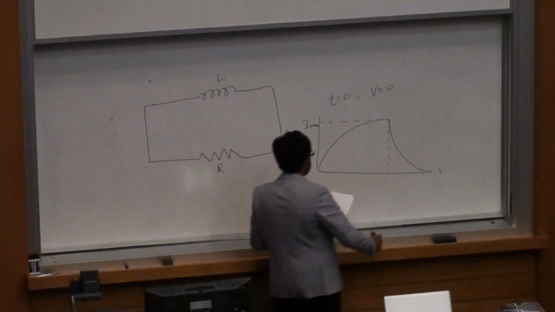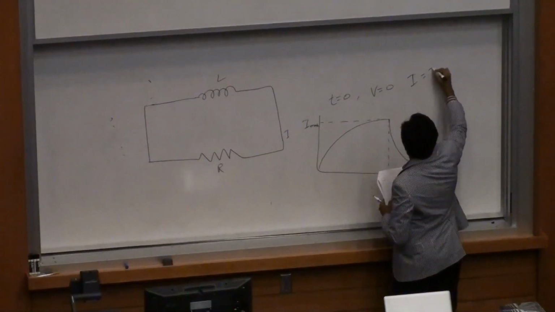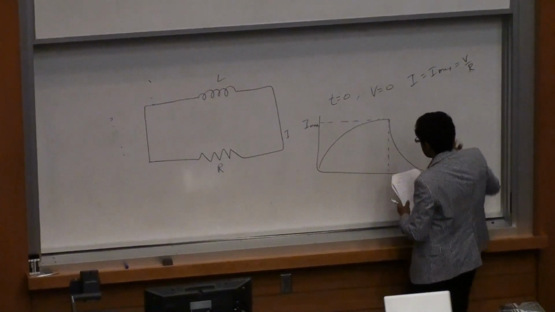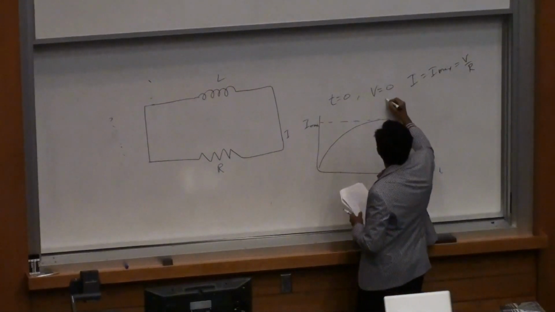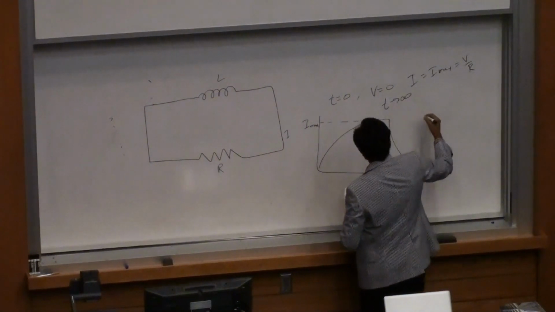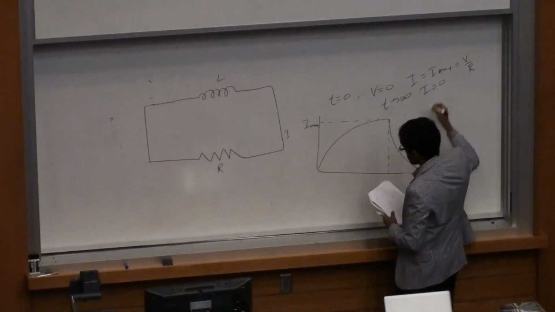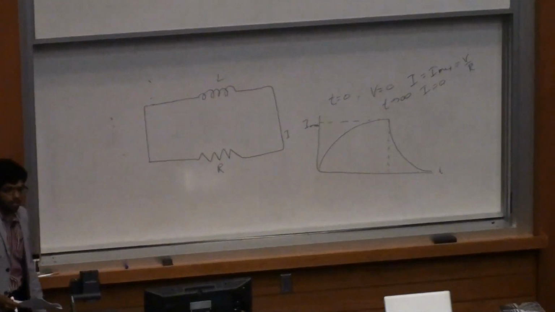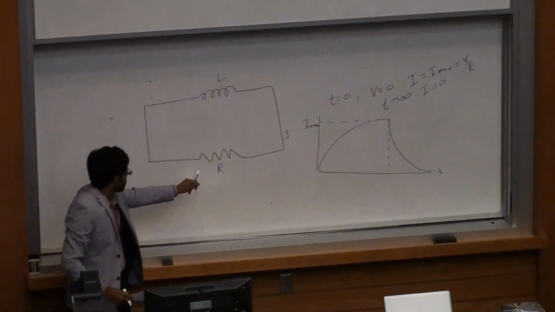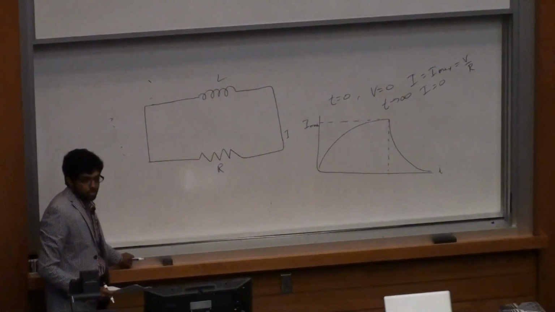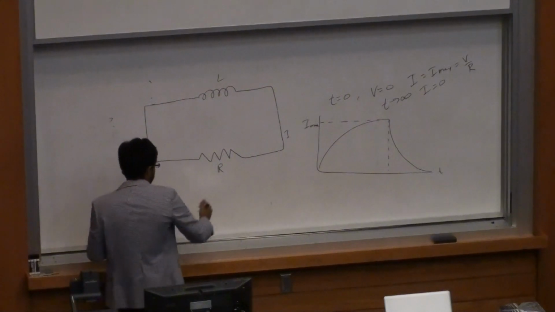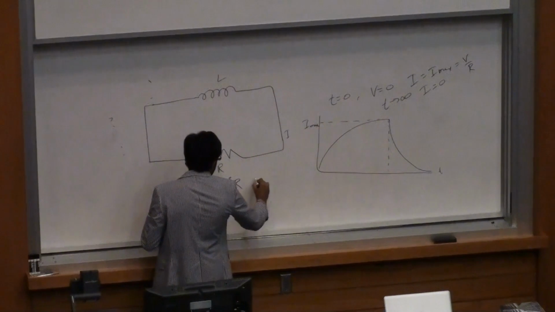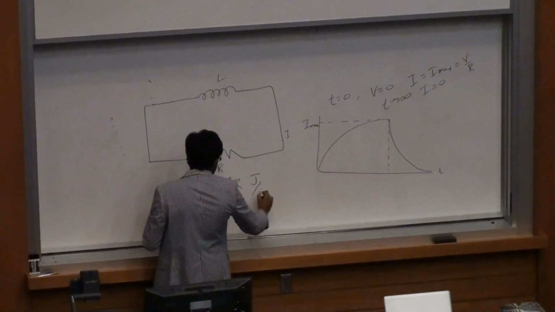So again, at time t equals 0, I mentioned that I equals I max, and this is equal to V over R. As time approaches infinity, I know my current is going to be 0. Now, as the current goes away, it's going to dissipate as heat from the resistor, and we know that's on the order of I squared R joules per second.